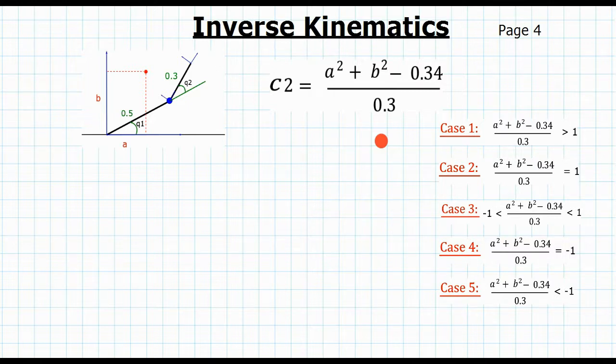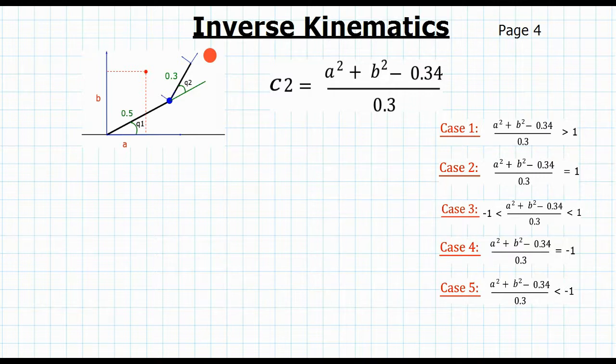So what is happening here? If this thing is greater than 1, it cannot be the value of a cosine. This means that we have no way to solve this equation, and that basically means we have no solution to our inverse kinematics problem.